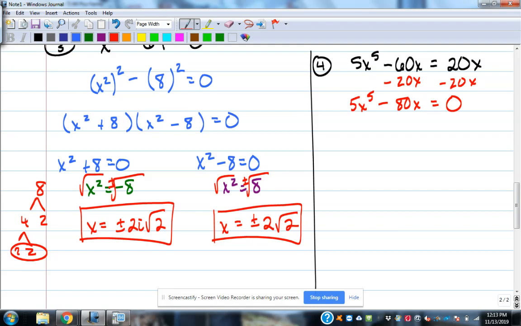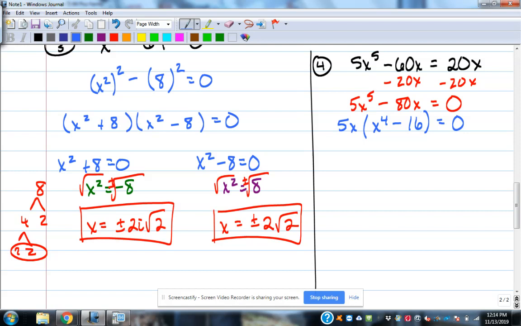GCF, what is the GCF? 5x. What's that leave in parentheses? What times 5 gives me 80? 16.